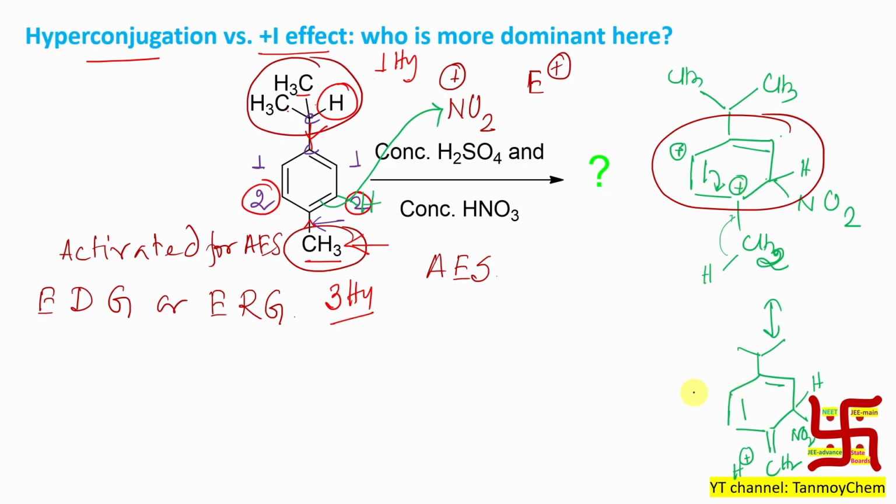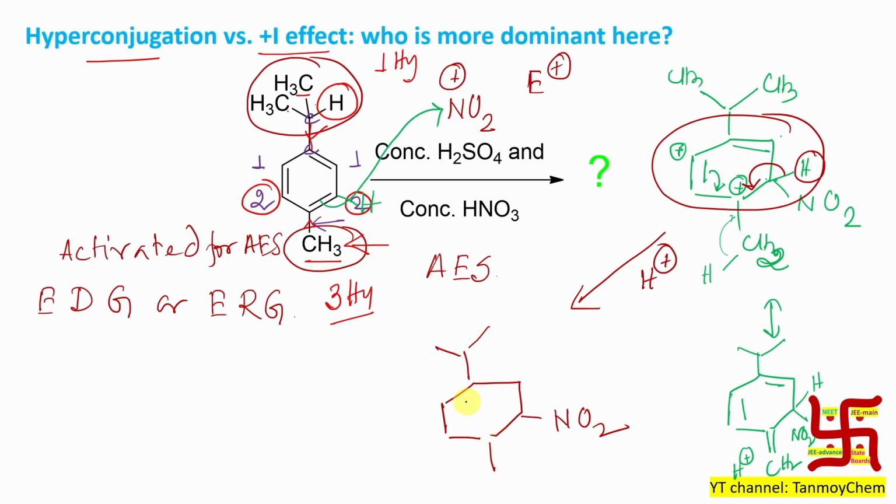So here, how can it have stability? This hydrogen is released as a proton. I repeat my statement: this hydrogen is released as a proton, or H plus, meaning this bond pair comes here. So obviously this side has NO2, this side the isopropyl group, and this side the methyl group.